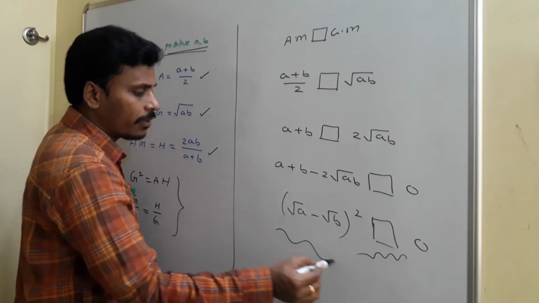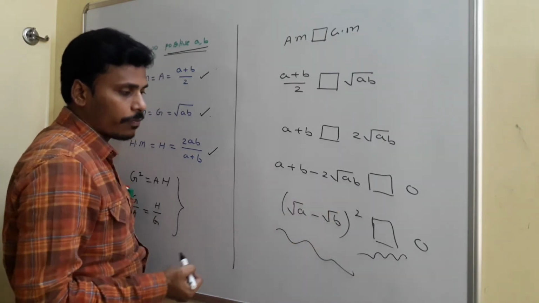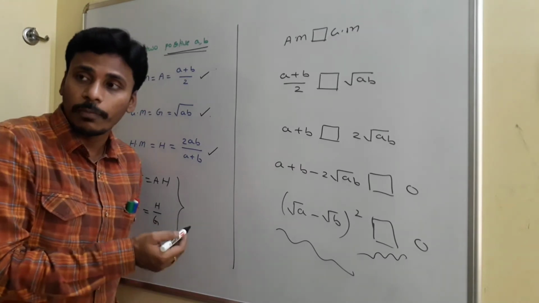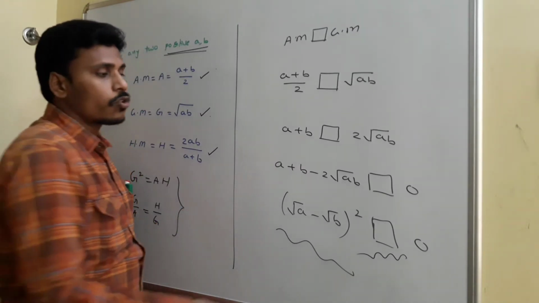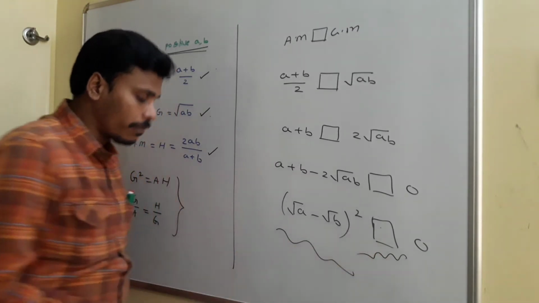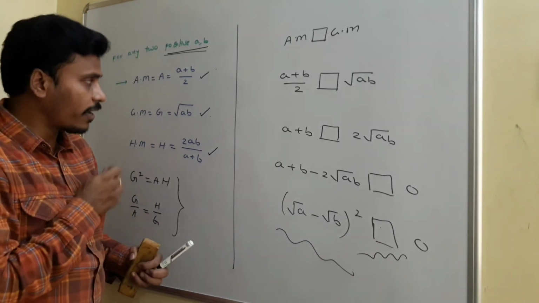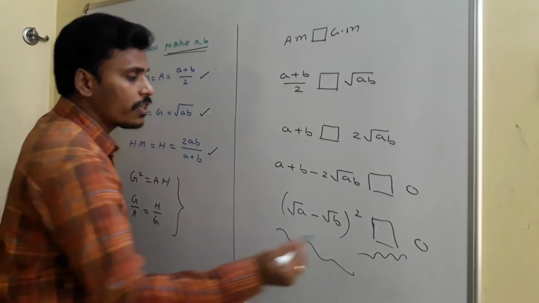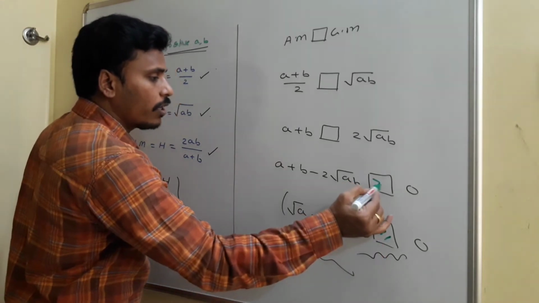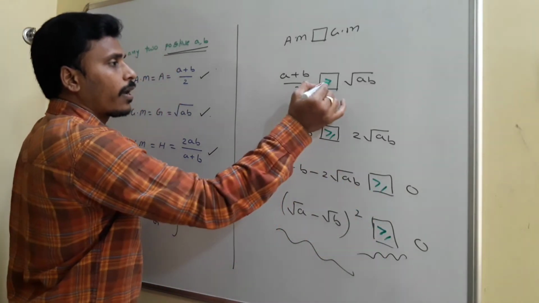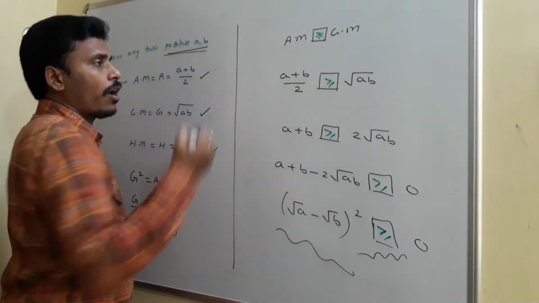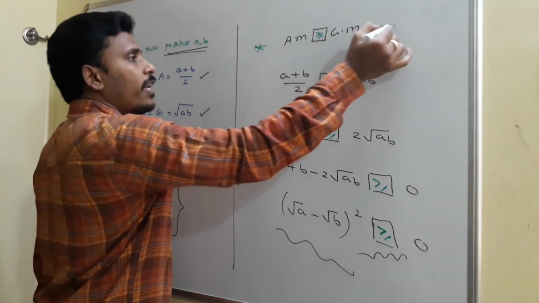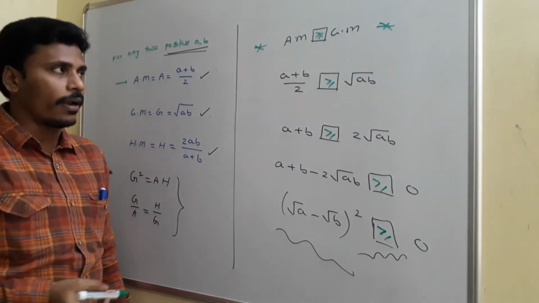This is an identity, because the square of something is always positive, or sometimes it may be 0 if a is equal to b. So we can utilize the greater than or equal to symbol here, and continue with greater than or equal to throughout. At the end, my conclusion is that the arithmetic mean is always greater than or equal to the geometric mean.